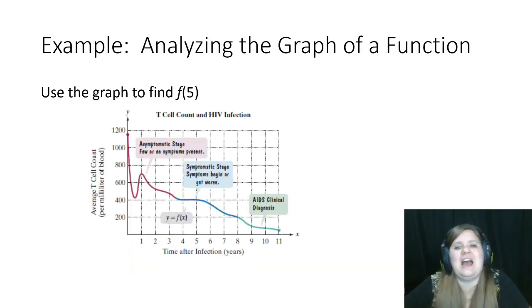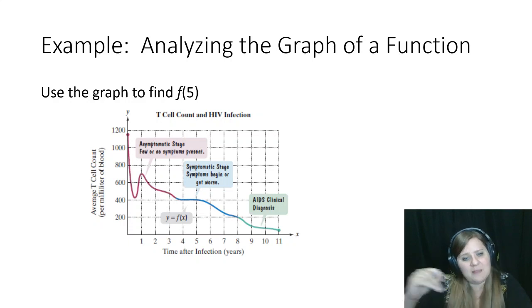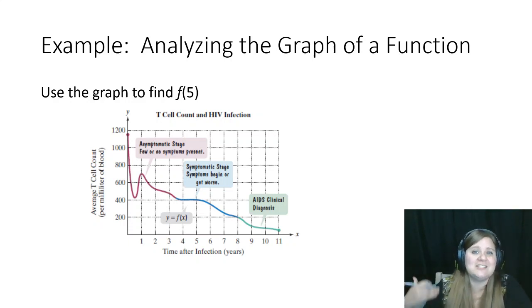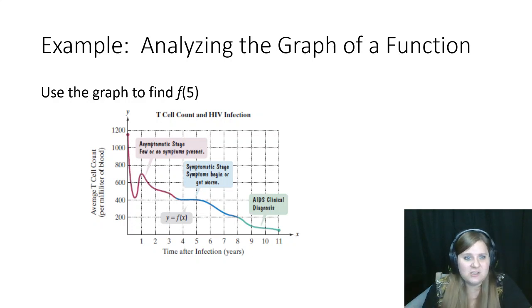So let's take a look at this graph here. So this is a graph of T cell count in HIV infection. So the time after infection is on the x-axis and the average T cell count is on the y-axis. So I want to use this graph to find f of 5. Okay, so let's see.